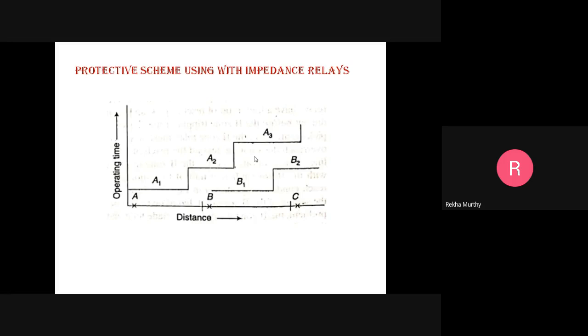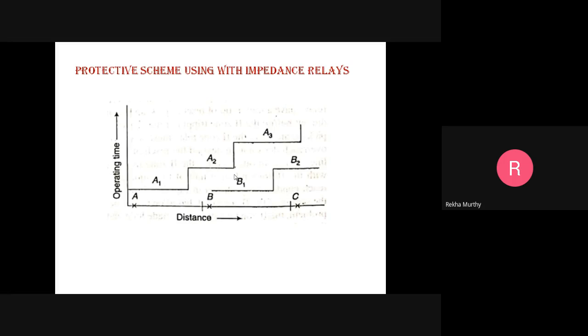The protective zone of the third stage is known as the third zone of protection. The setting of the third zone covers the first line, that is the protected line, plus the longest line of the second line, plus 25% of the third line. The time delay for the third unit is usually 0.4 seconds to 1 second.